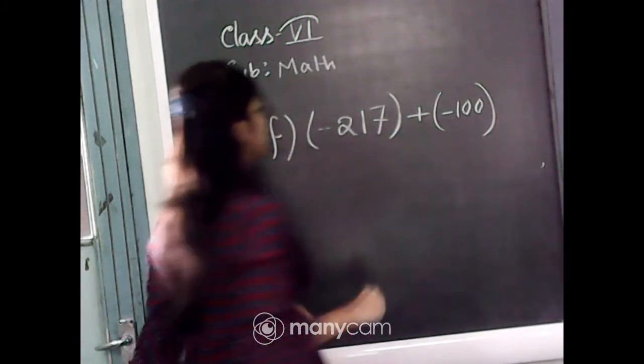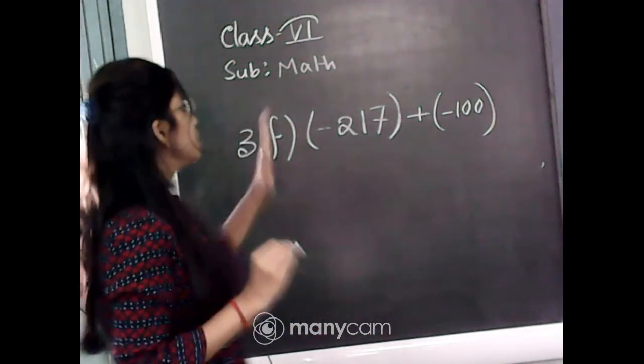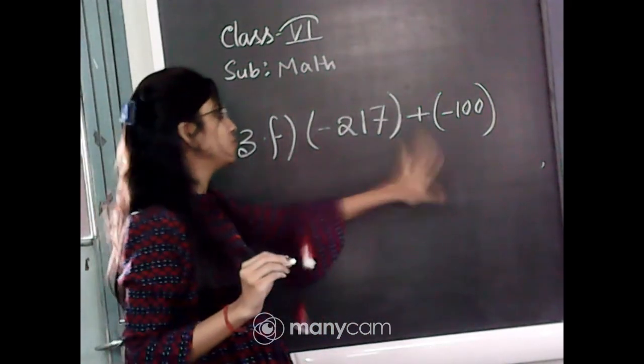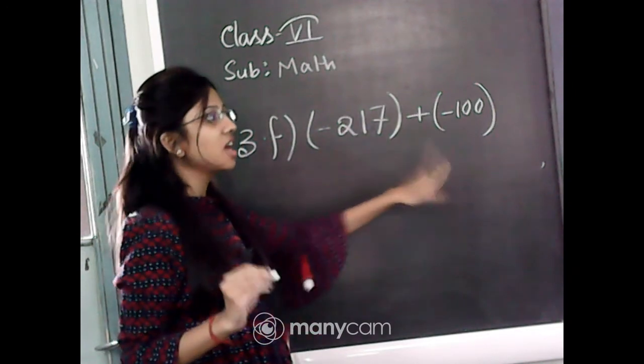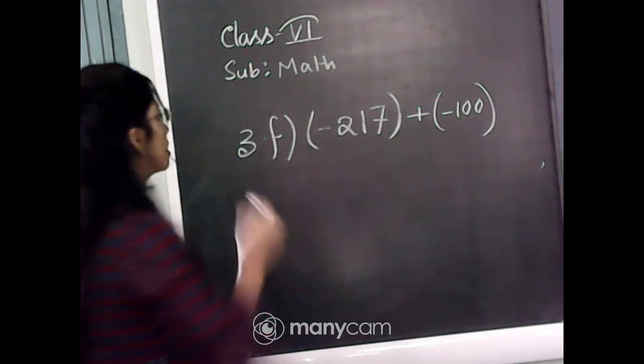When you add two negative integers, first we add the integers and the answer will take the negative sign.